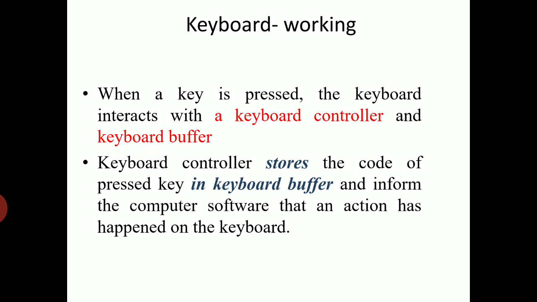And this keyboard controller will store the code of the key we pressed. For example, if you press A, there is a specific code for the letter A. This code will be stored in the keyboard buffer, and the information will be passed to the computer software that a key has been pressed.